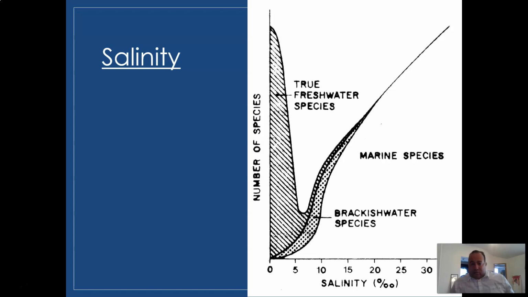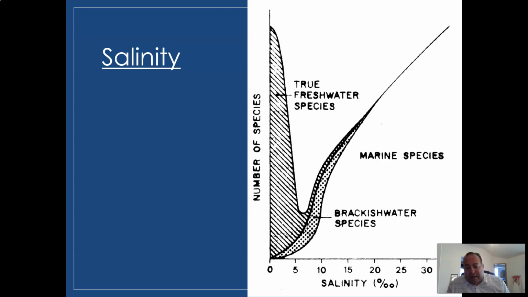With salinity, which we just talked about as well, I've got this graph here. It's a little complicated to understand, but stick with me. When we don't have a lot of salinity, if we're looking on the x-axis down at the bottom, between 0 and 5% salinity, in terms of fresh water, where we don't have a high salt content, you can get a ton of species, especially freshwater species.